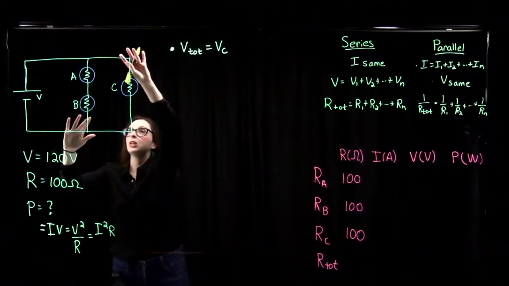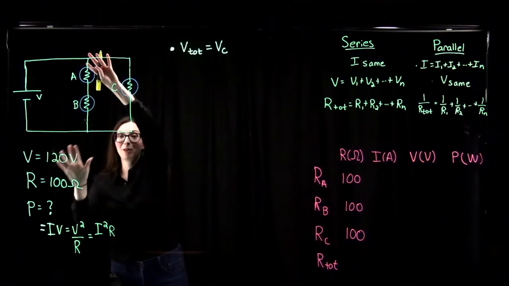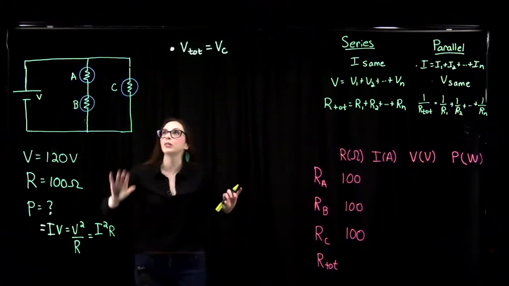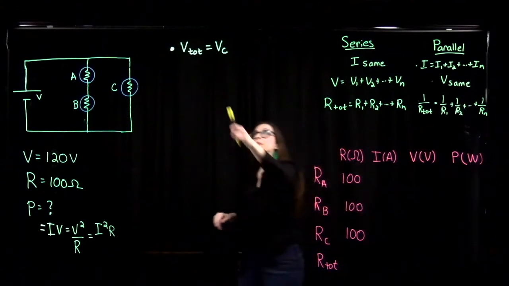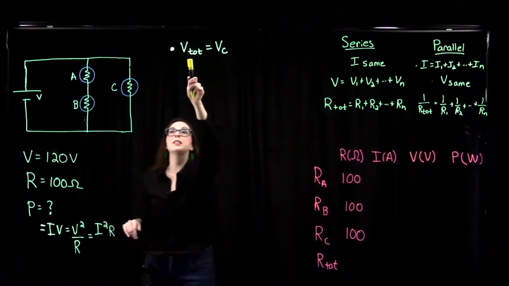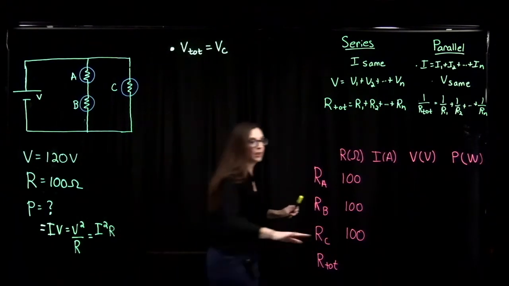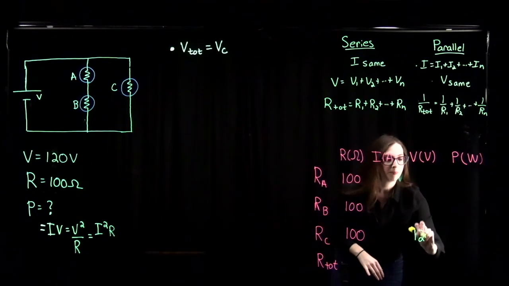That means that light bulb C has a potential that is the same as the potential supplied by my battery. Light bulb C has 120 volts of potential.